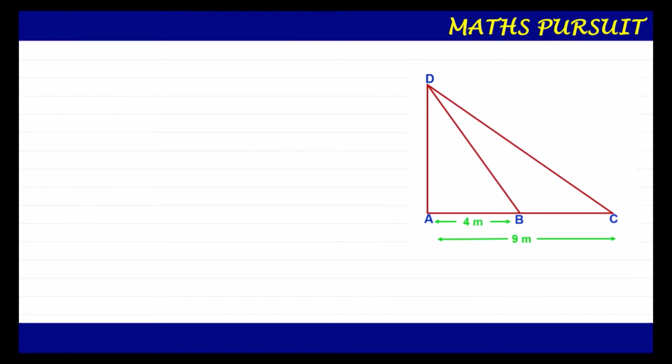The question says that the angle of elevation of the top of a tower from 2 points at a distance of 4 meter. So there are 2 points. Let the tower be AD.